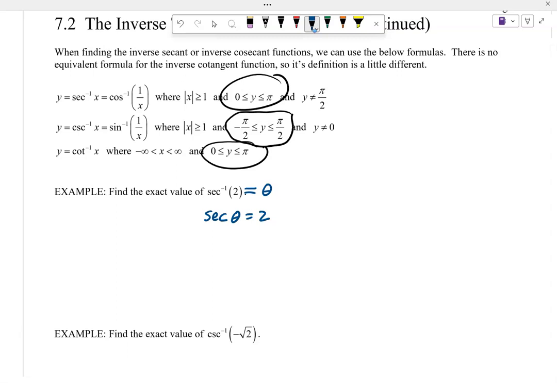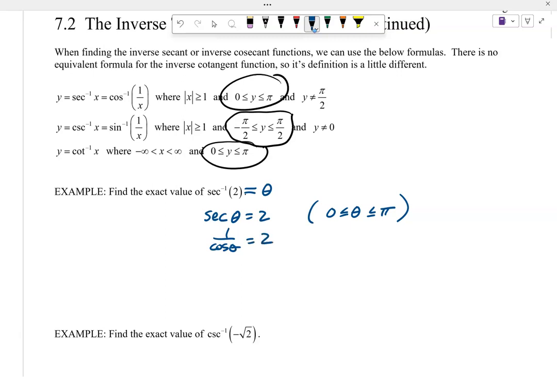And the secant is, of course, the reciprocal of the cosine. But similar to the cosine, it is also cut off between 0 and pi. So that's what you want to keep in mind: the secant of theta is 2, which means 1 over the cosine is 2.